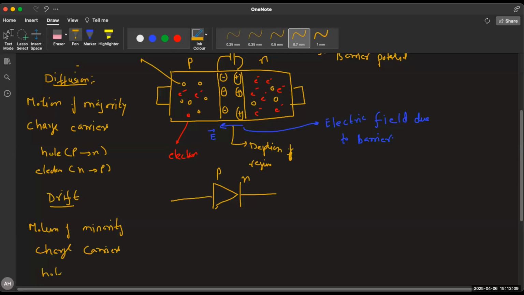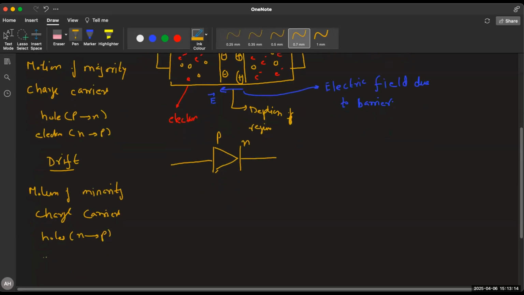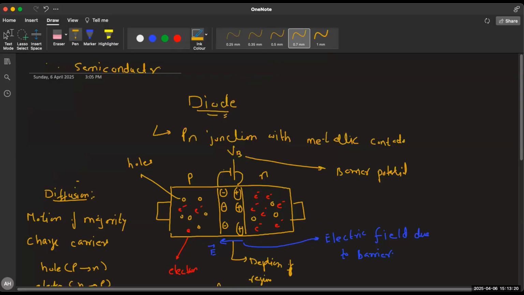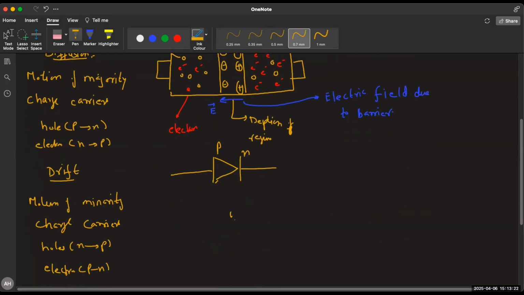This is holes from N to P and electrons from P to N. So when you take a PN junction in equilibrium, meaning you have not attached any cell or battery to it, then the diffusion is exactly equal to drift.